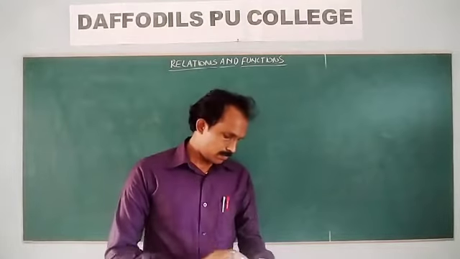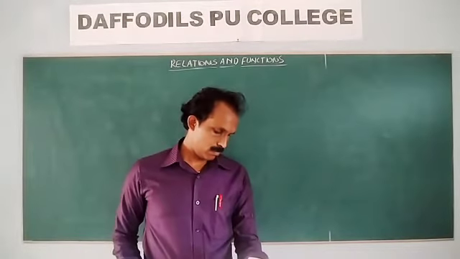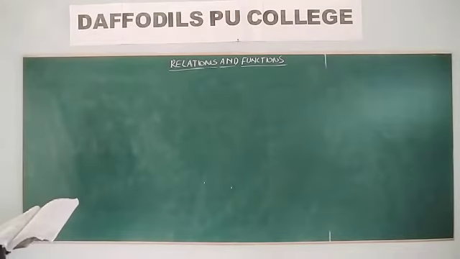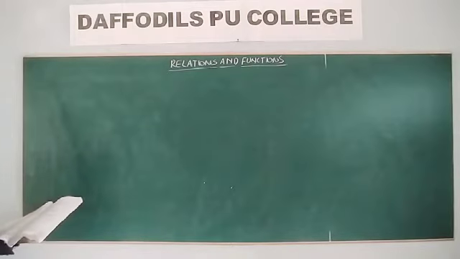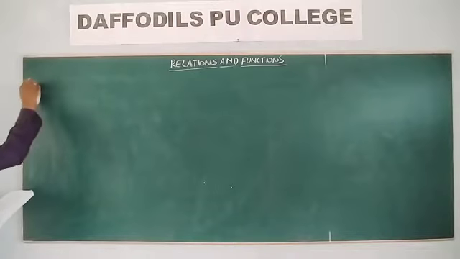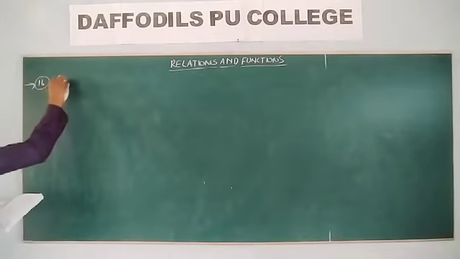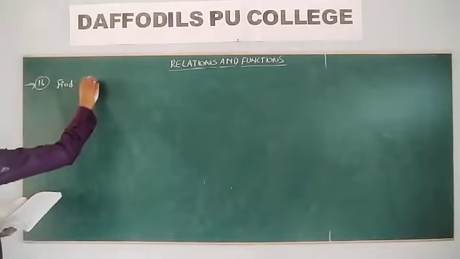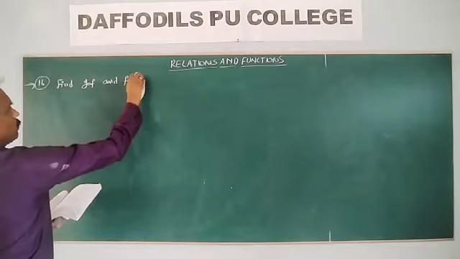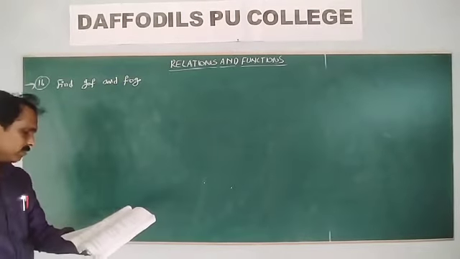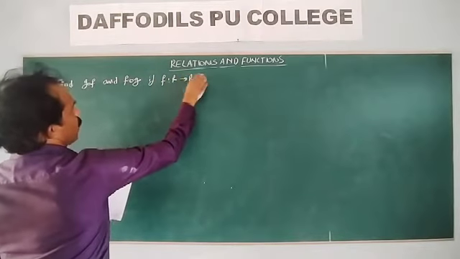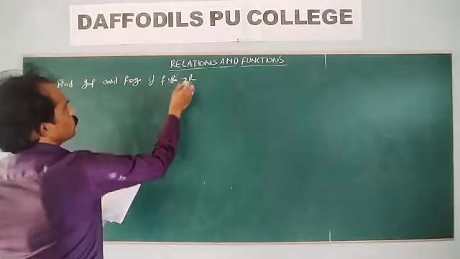One more example to explain. Example 16: Find g∘f and f∘g if f maps R to R. R to R means real numbers to real numbers.